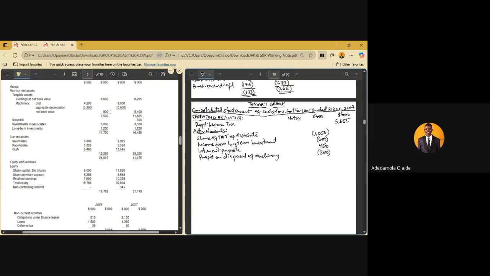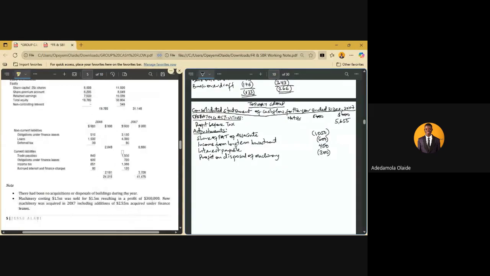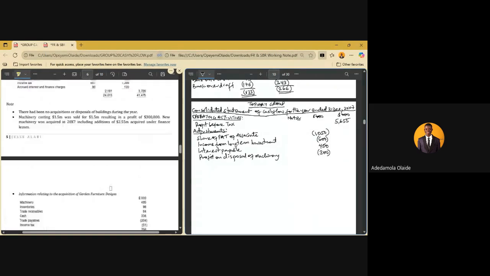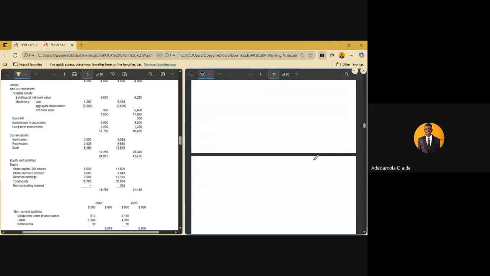Building that was valued at 6,600 at the beginning of the year is now 6,225 at the end of the year. Mind you, the beginning of the year information does not include that of Garden Furniture Designs. But Garden Furniture Designs don't have building, so no problem. So we'll just adjust the building notes.